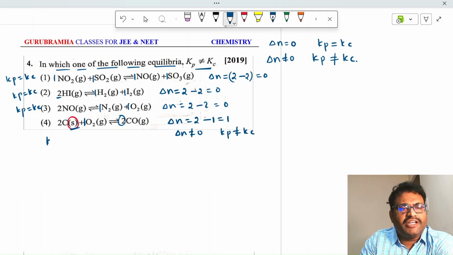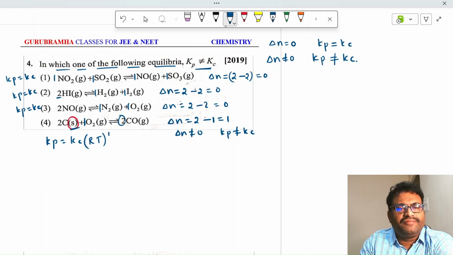And we have studied that Kp is equal to Kc into RT power delta N. Here delta N is 1. Okay. Then Kp is equal to Kc into RT. The R value we know, the T value you know, that is greater than 1. RT will always be greater than 1. If it is always greater than 1, automatically Kp is equal to Kc into a number which is greater than 1.